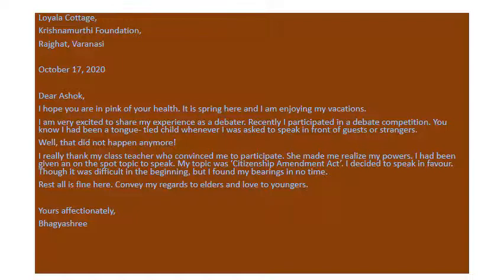My topic was Citizenship Amendment Act. I decided to speak in favor. Though it was difficult in the beginning, I found my bearings in no time.